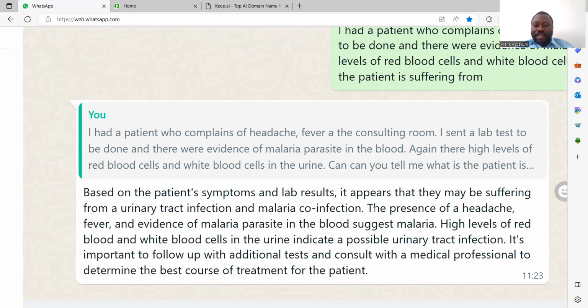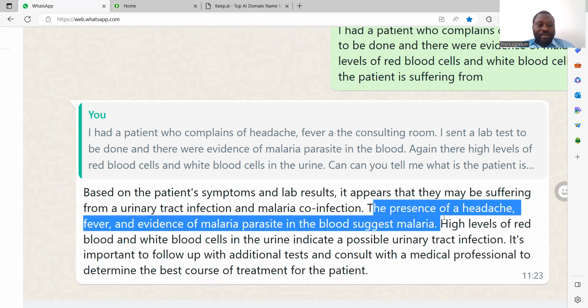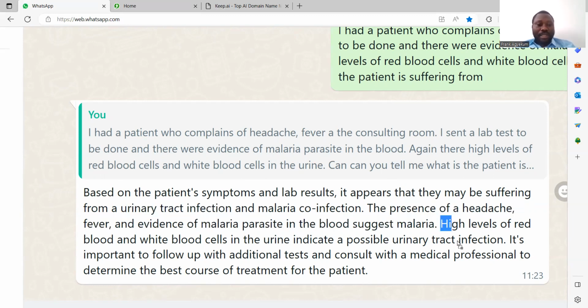So now it says that the presence of headache, fever, and evidence of malaria parasite in the blood suggest malaria. High levels of red blood cells and white blood cells in the urine indicate a possible urinary tract infection. It is important to follow up with additional tests and consult with a medical professional to determine the best course of treatment for the patient.